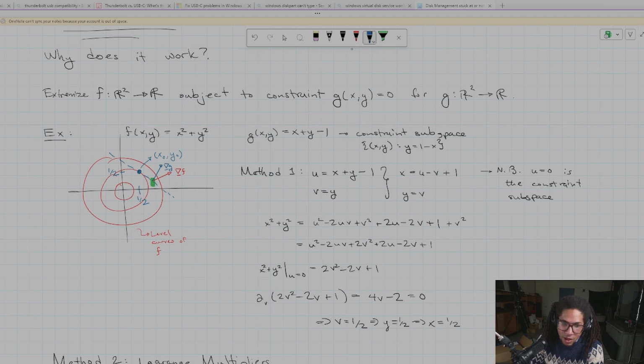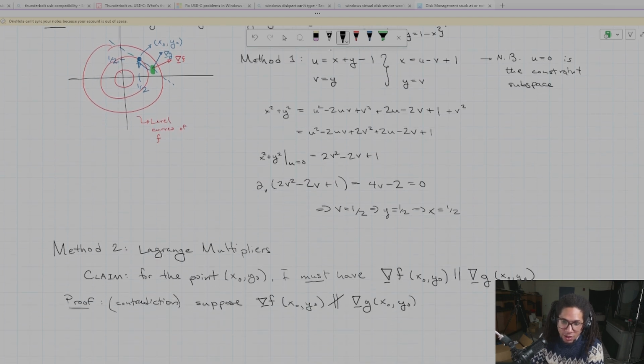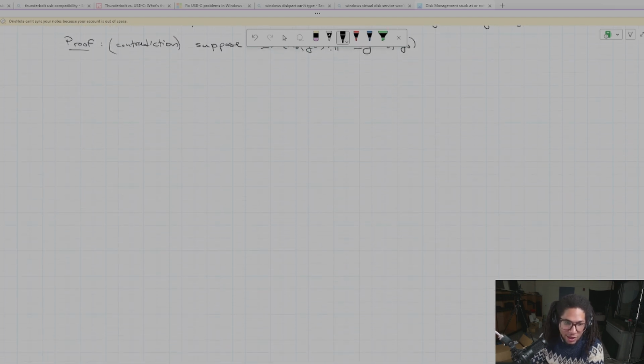All right. Now, that means if I want to minimize f, if these aren't parallel, if I move this way, I'm going to decrease f while keeping g the same. So if I'm trying to extremize f, I can change f while leaving g the same by moving in that direction.